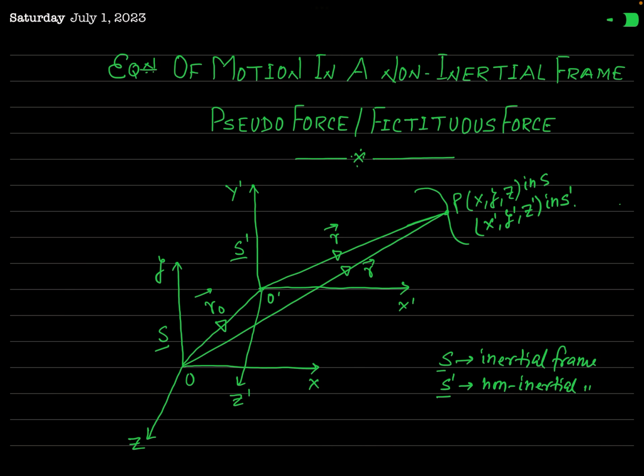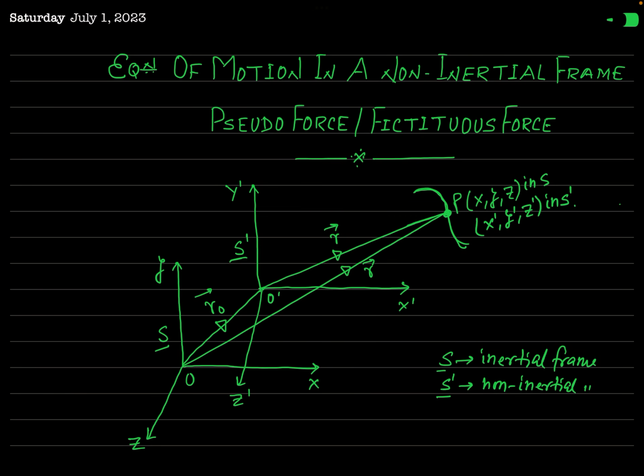Now let us consider there is a particle in motion and the mass of the particle is m. I have shown the trajectory along which our particle is moving, and during the course of motion we consider that at any moment t the particle is at this point P. I have shown the position of the frame S prime also here at time t.